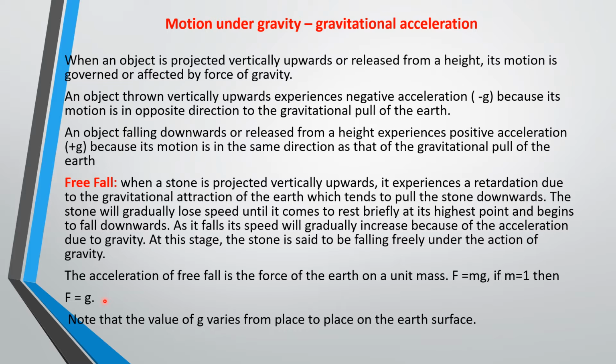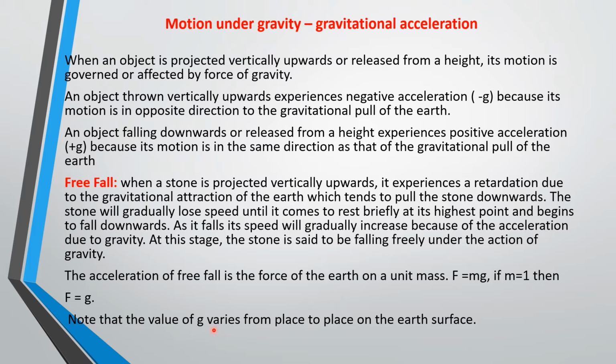Take note that the value of g varies from place to place on the Earth's surface. It is only mass that is constant. This is just a brief introduction to motion under gravity.